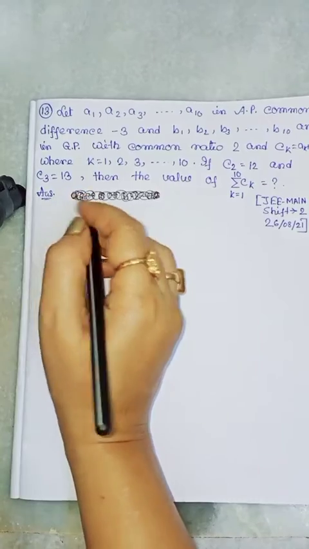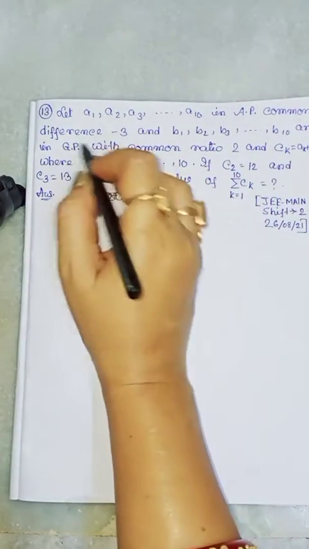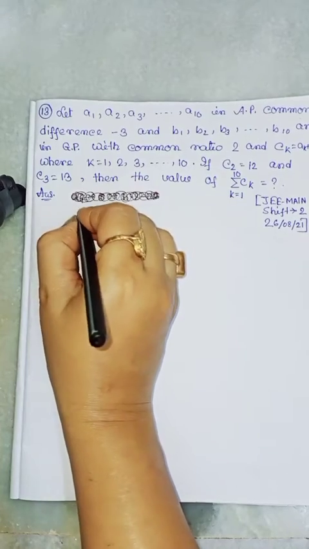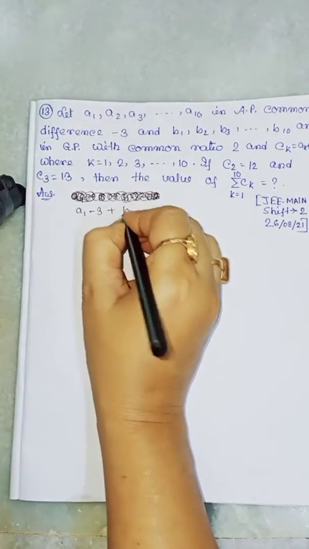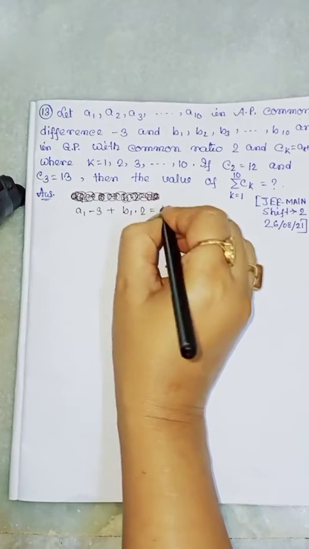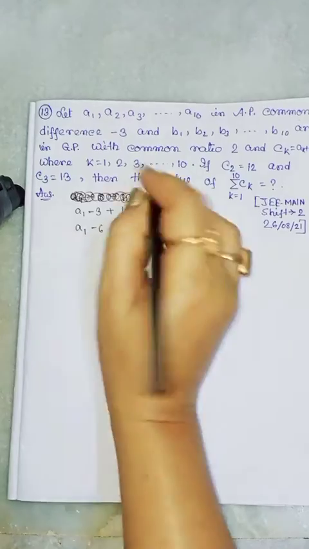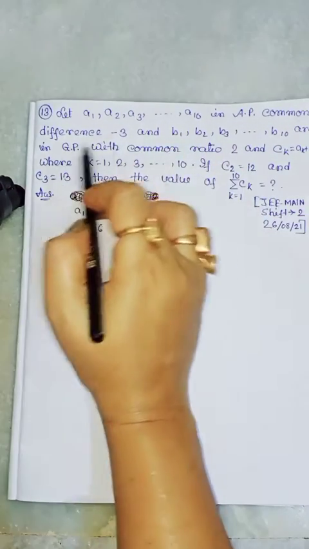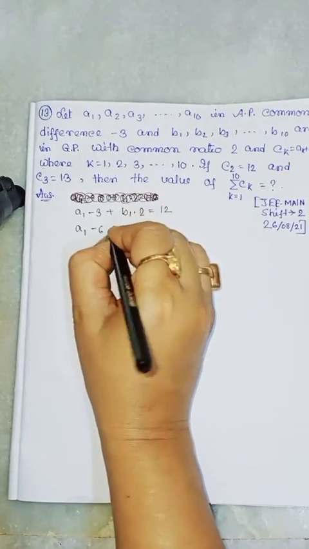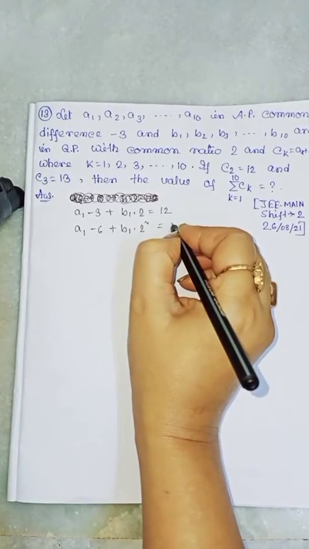So at first, A1, A2, A3 form an AP with common difference -3. Therefore A1 - 3 plus B1 into 2, that is equal to 12, and A1 - 6 plus B1 into 2 square, that is equal to 13.